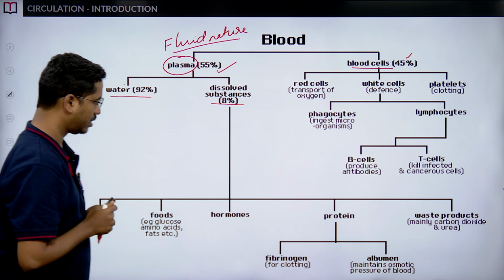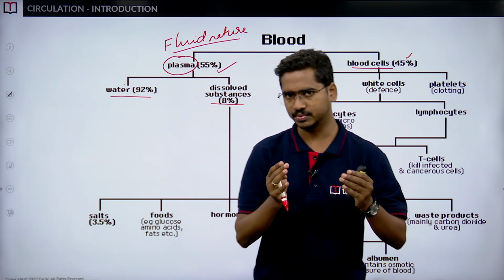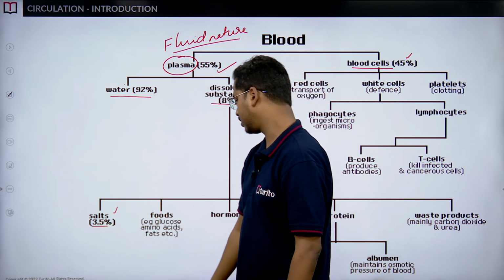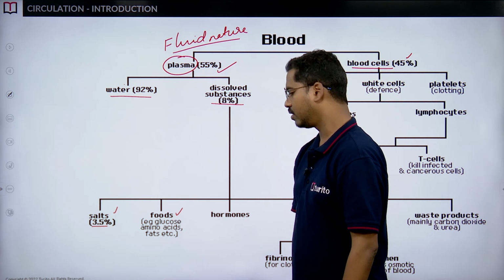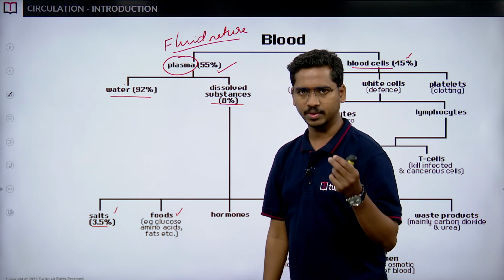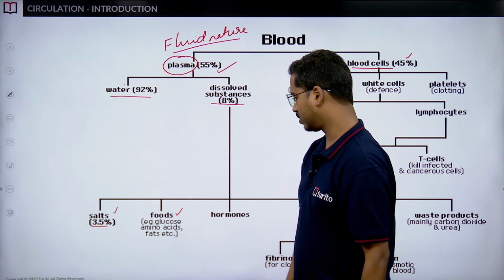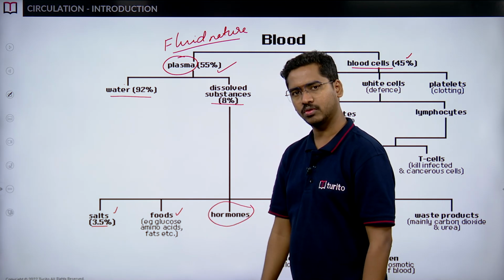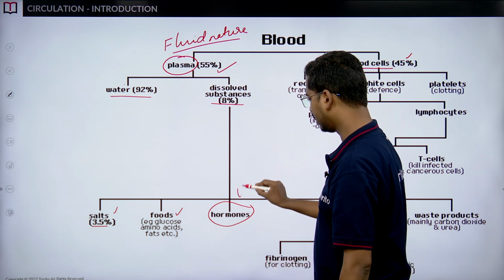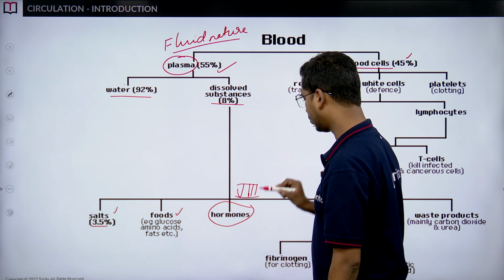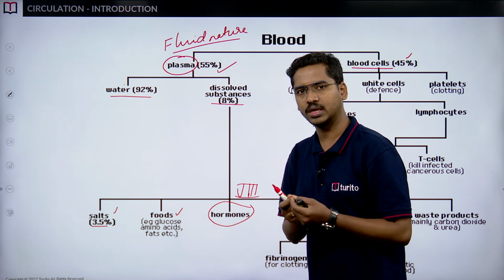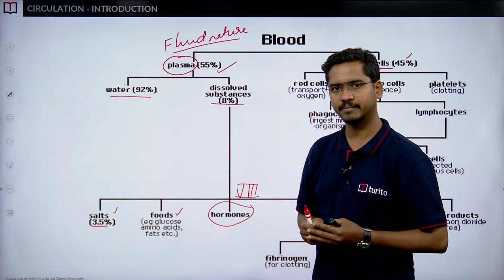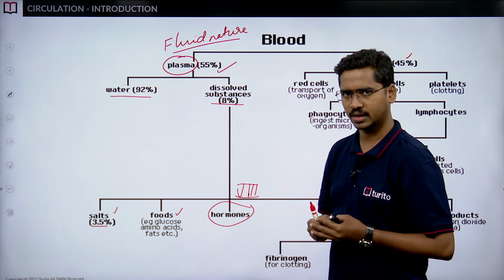There are types of dissolved substances: various salts account for 3.5%. Foods are also available, which include glucose, amino acids, fats, followed by hormones. We learnt about it in grade 8th, if you remember. Hormones are released through the blood and blood carries them. So, we have hormones in the plasma, right.